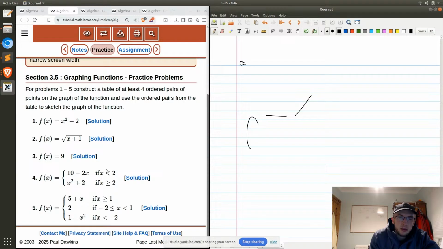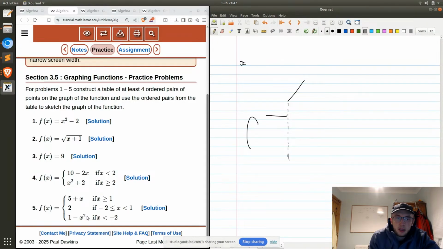So what we're going to do is pick up the number 1. We put it in there and we get 6. But we put 1 in there and we get 2. And so it will have a jump right there at 1.